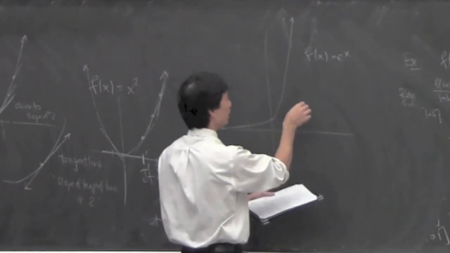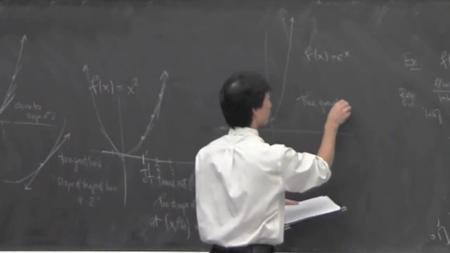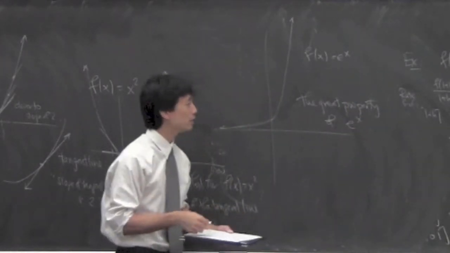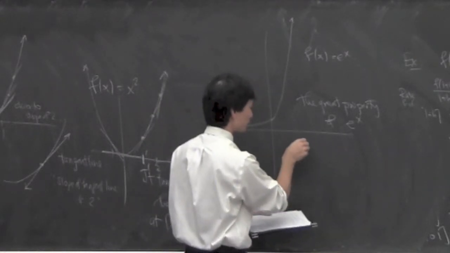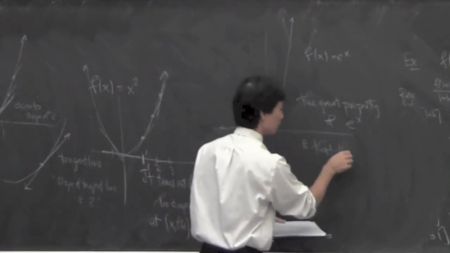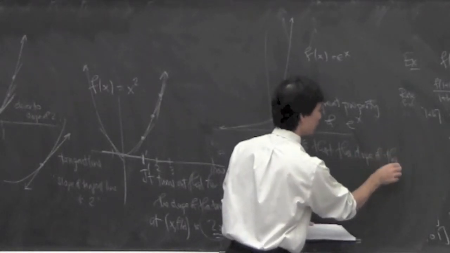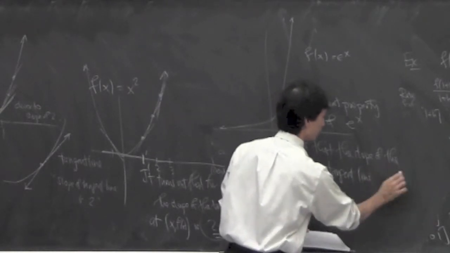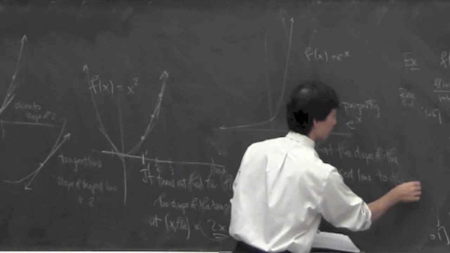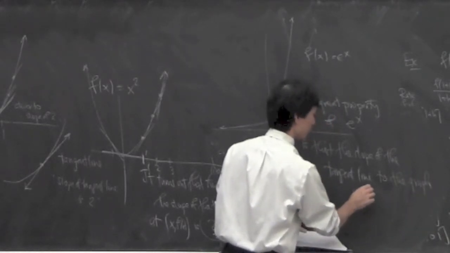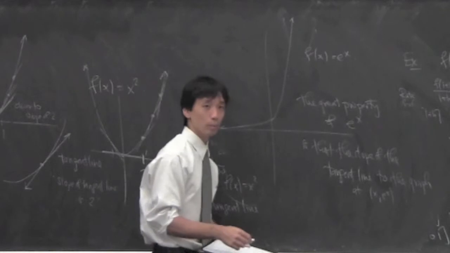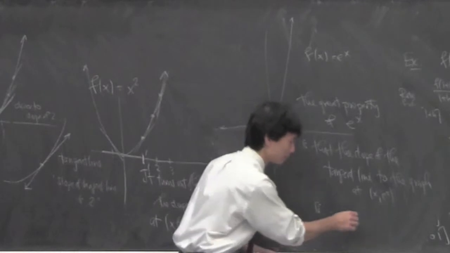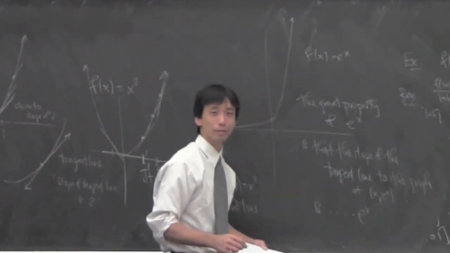The great property of e, taking the base e, is that the slope of the tangent line to the graph at x, e to the x, the slope of the tangent line is e to the x again.